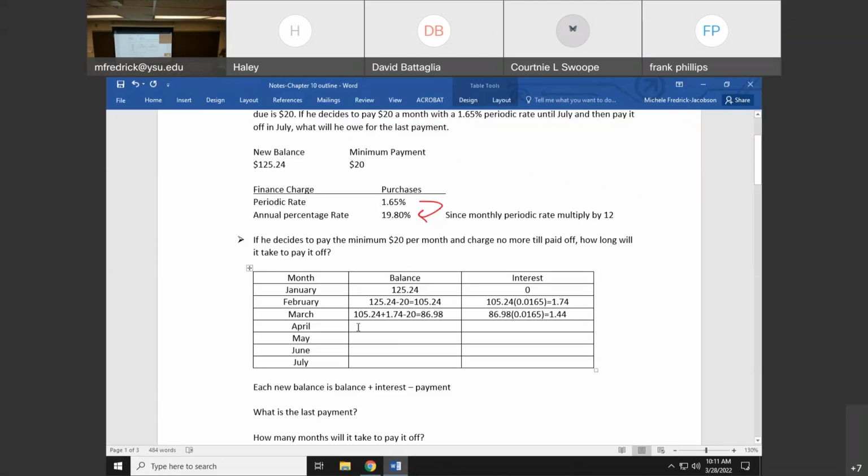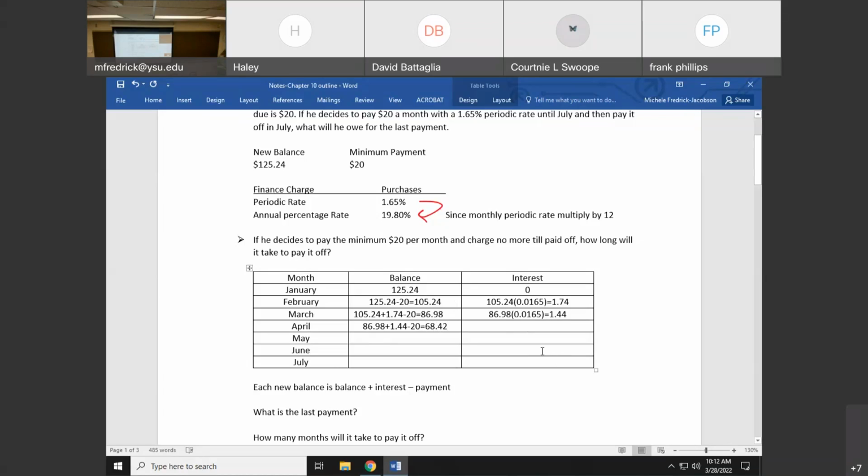So for April, his balance when the statement comes is $86.98 plus the interest. If he was going to pay it off and not have any interest in April, he'd have to pay the $86.98 plus the interest. Instead, though, he's going to make another $20 payment. So he owes $68.42, and that's what's left on the card that month, so he has to pay interest on it.